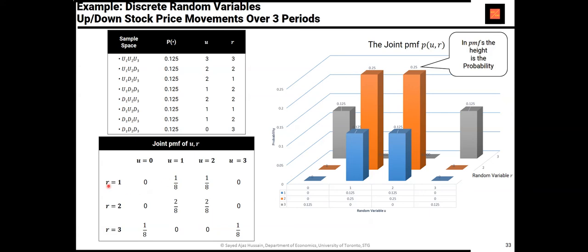You can imagine now that these are literally the heights. So this is 1/8, 1/8, 2/8s, 2/8s, and so forth. These pillars are literally telling you the probability of observing a certain value of u's and r's. When you work with discrete random variables, and that means you're working with probability mass functions, heights are the probabilities.